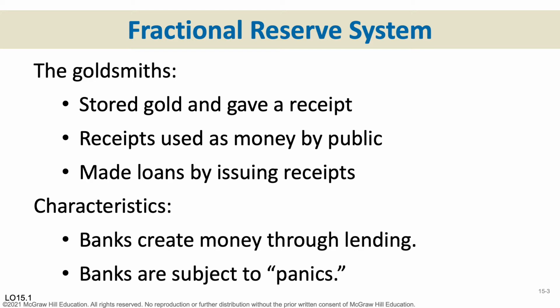You could come back and use them later, so they fit that store of value function. And then lastly, everybody understood what an ounce of gold was worth. So the receipts that represented a half ounce or a quarter ounce or a whole ounce of gold made goods and services be able to be valued in terms of that gold.